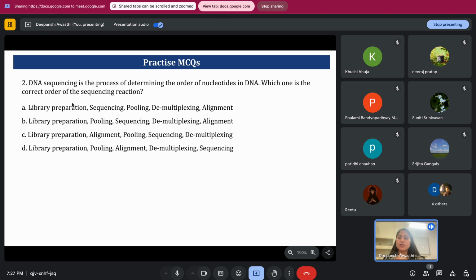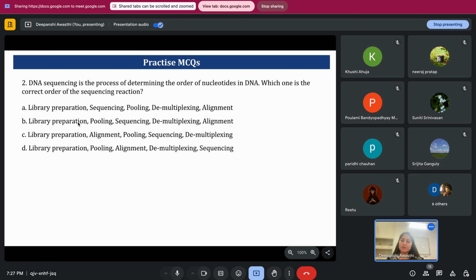The question is, DNA sequencing is the process of determining the order of nucleotides in DNA. Which one is the correct order of the sequencing reaction? Which option do you think is correct? Option A is library preparation, sequencing, pooling, demultiplexing, and alignment.